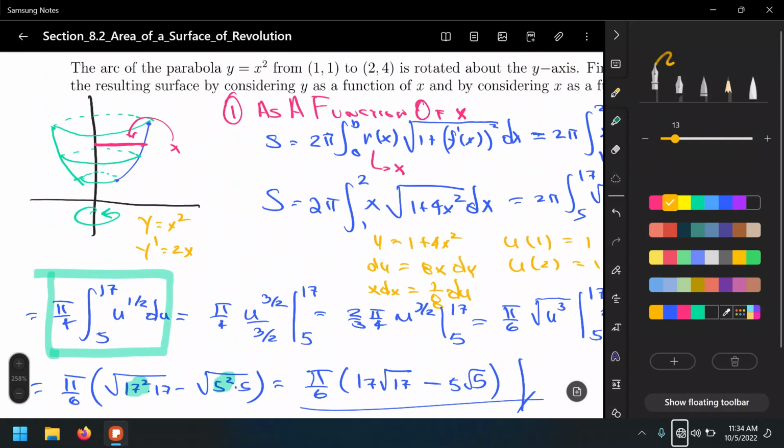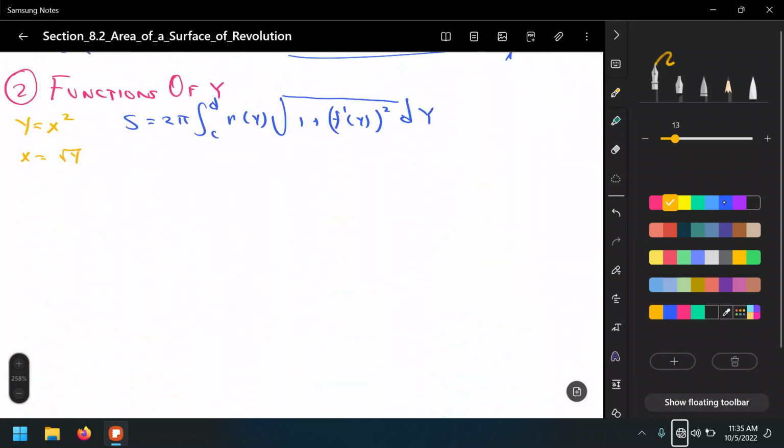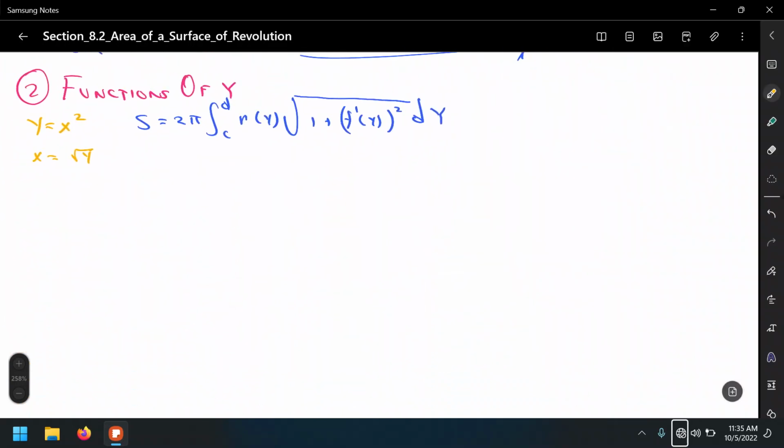Had we been working with the entire graph, well, in that case we would have to subdivide this problem into 2 cases, the negative case and the positive case. So in this case, because again we're working on the first quadrant only, this is going to be fine. Alright, so this x is actually our f of y.